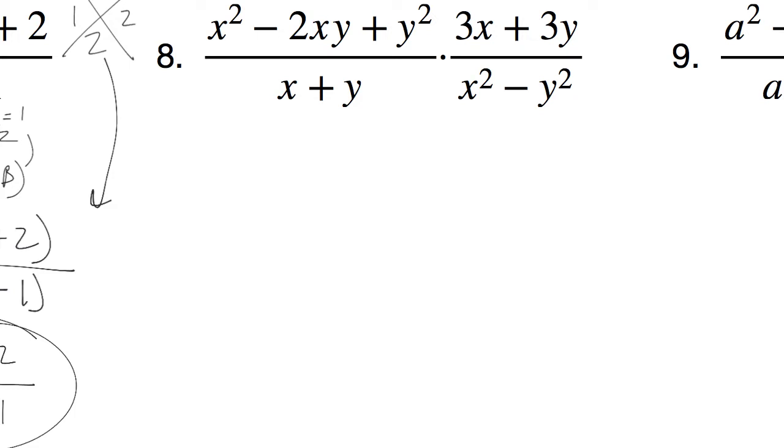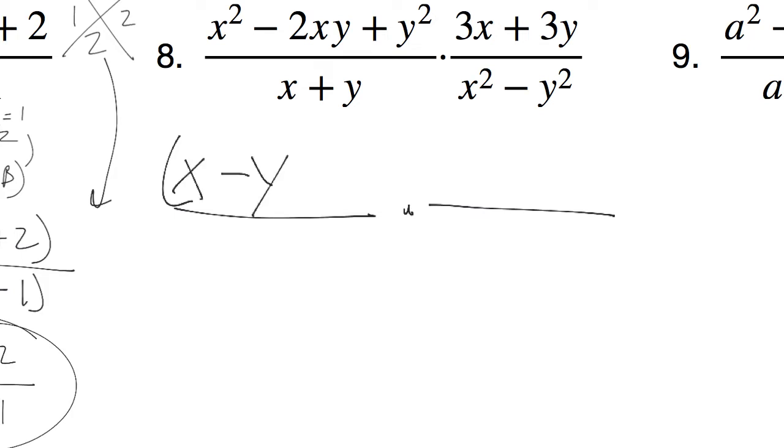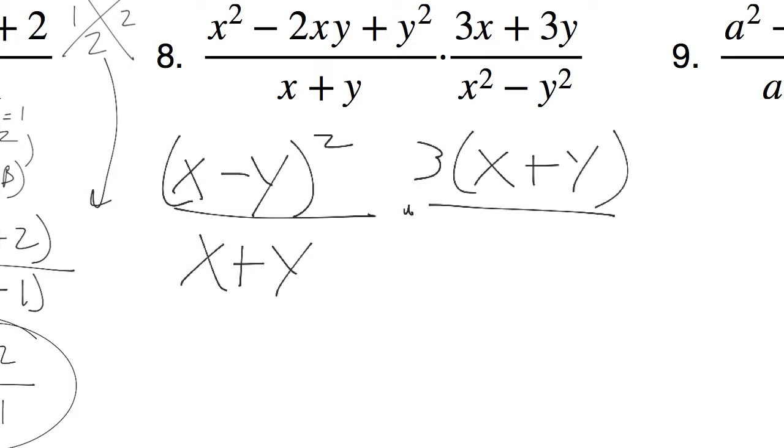All right, let's factor. Looks like over here, just to make the video a bit shorter, I'm going to do some of the factoring in my head. I hope you don't mind. We get (x minus y) squared, (x plus y), (3x plus y), and (x plus y)(x minus y).